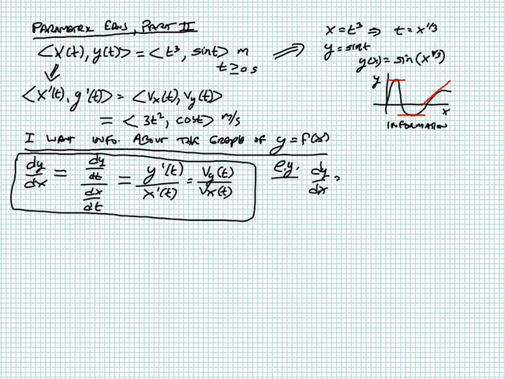So I can write this as cosine of t divided by the x component of velocity, which is 3t squared. And so this gives me all the information I need to figure out at a particular time whether the graph of the path of the particle is increasing or decreasing. I can also set this equal to 0 and figure out where my extrema points lie.